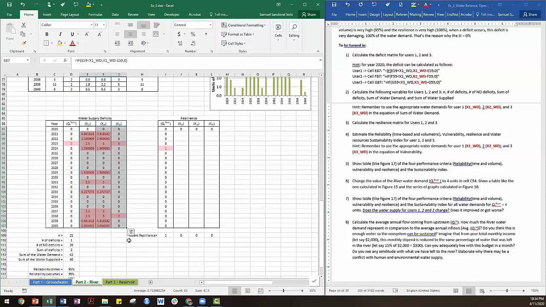Now, once we have estimated that, we can also estimate this matrix of resilience, okay? And basically in the matrix of resilience, we can make sure that this is also working for all of them.